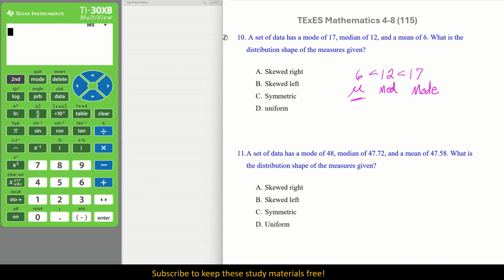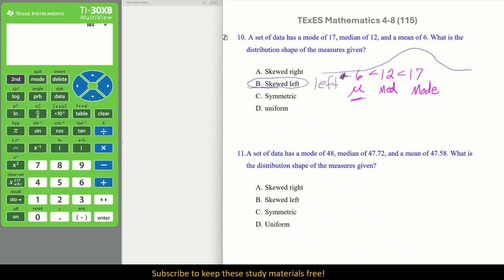This notation I have here is for mean. So that means this will look something like this. It'll skew off here and then go like this. So you need to know that this implies a left skew. So it is skewed to the left. There you go, that's option B.